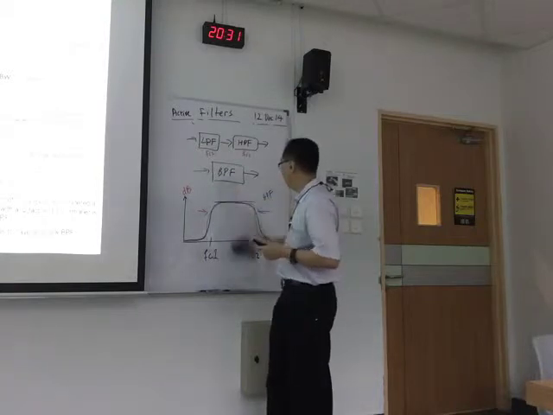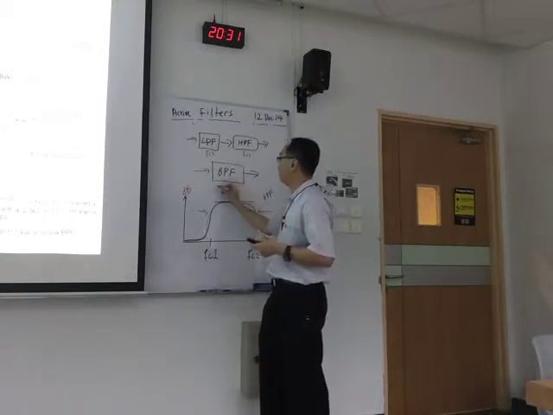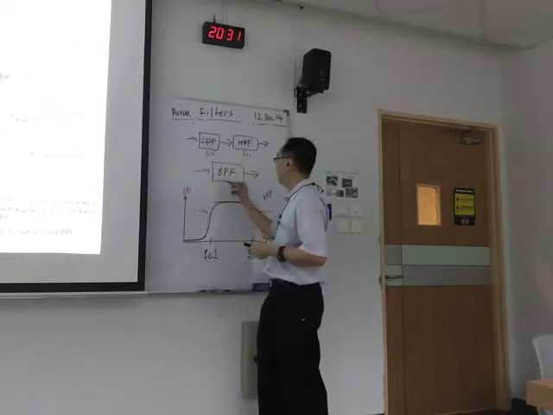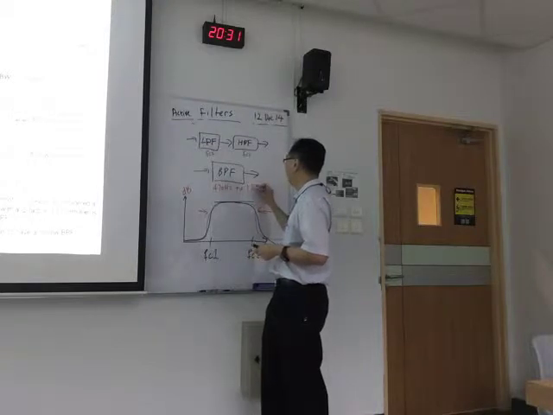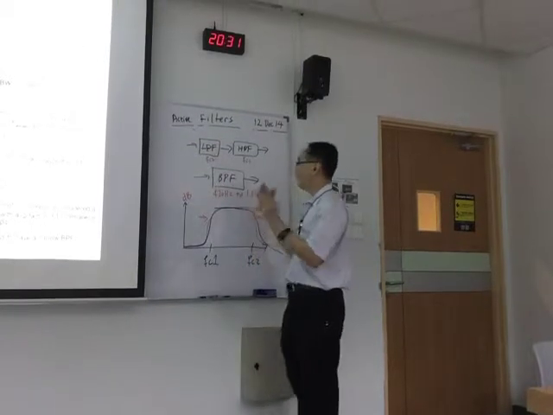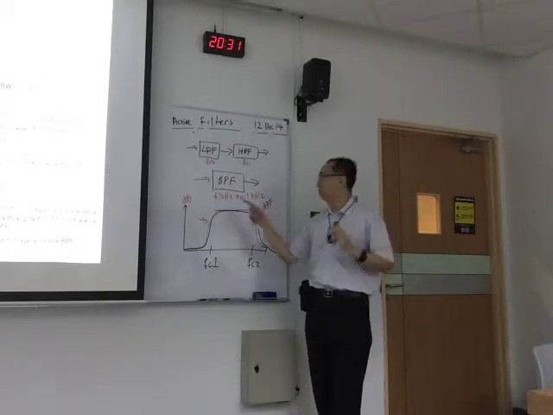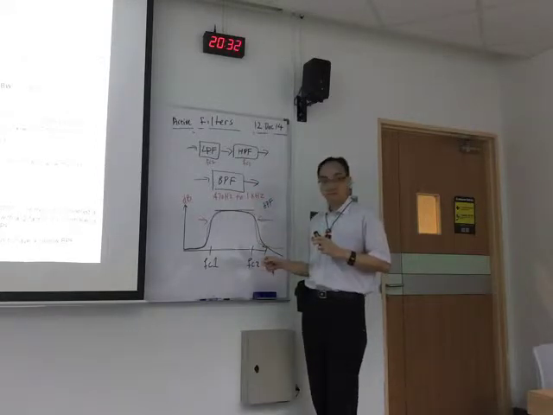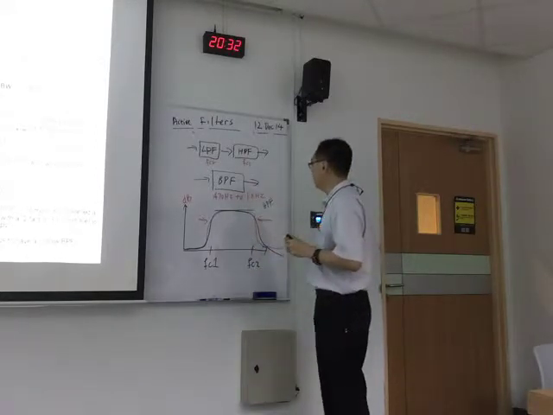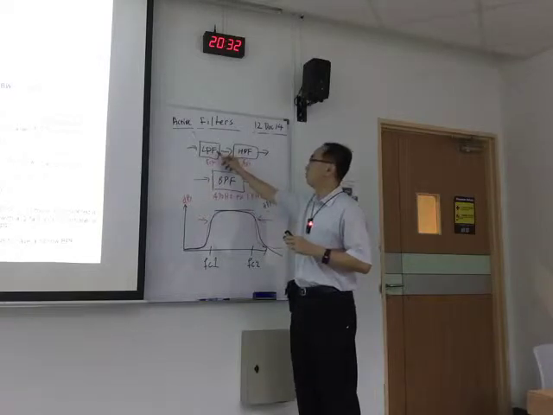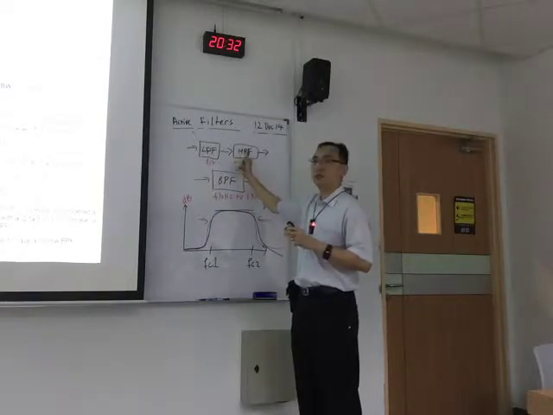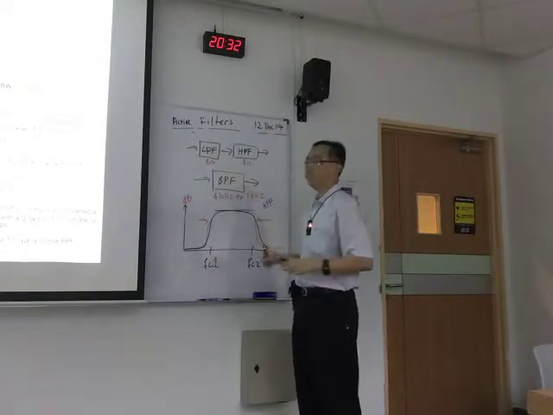Say this band pass filter has a range of 470 Hz to 1 kilohertz. It has a range. A band pass is made up of a low pass and a high pass cascaded together.